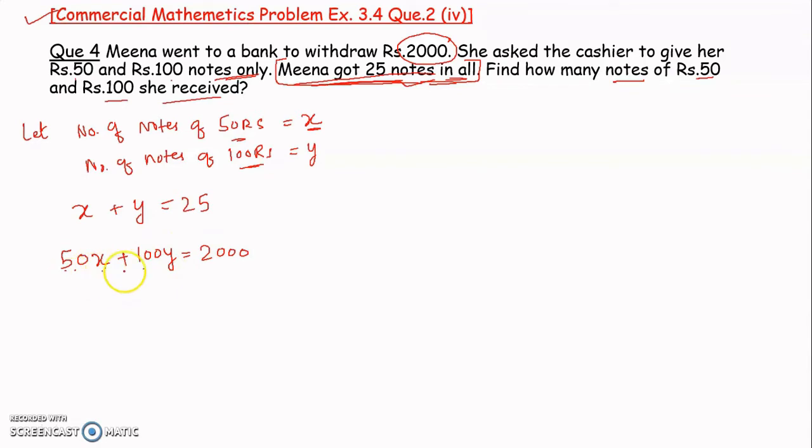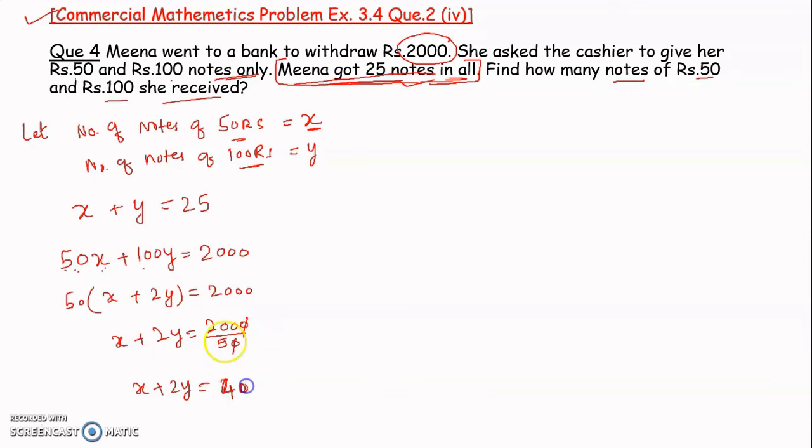And further, if you simplify this, if you take 50 common from this, so here we will get x, here we will get 2y equal to 2000. So this 50 will go into the denominator, so we get x plus 2y equal to 2000 divided by 50. So here we will get x plus 2y will be equal to 40. So here this is equation number 1 and this is equation number 2.